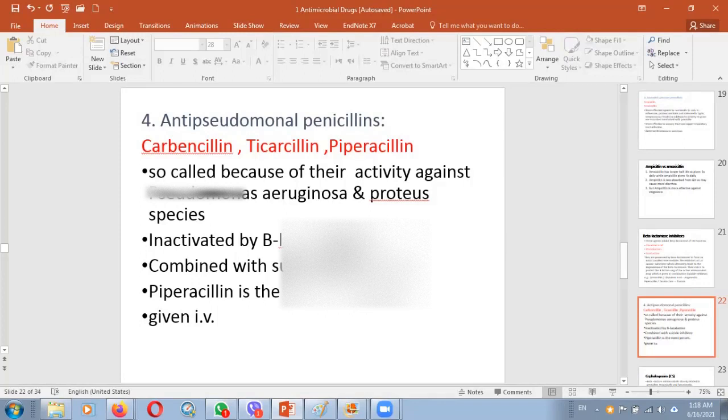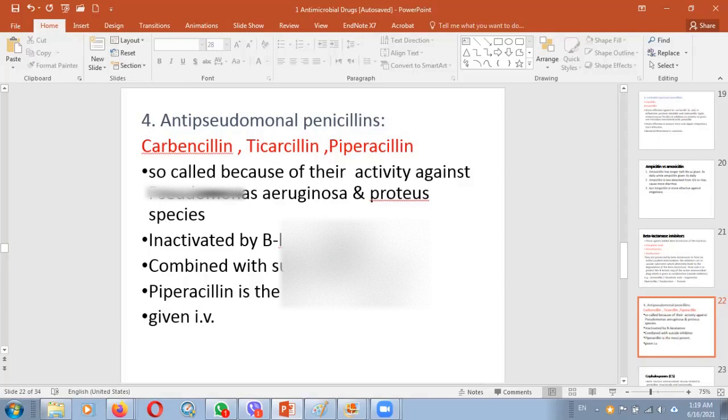As we said, it is antipseudomonal, meaning it works on Pseudomonas or Proteus. But this doesn't mean we can't use them for other bacteria, for example E. coli or Salmonella, but it is not the traditional or usual way of using these drugs.